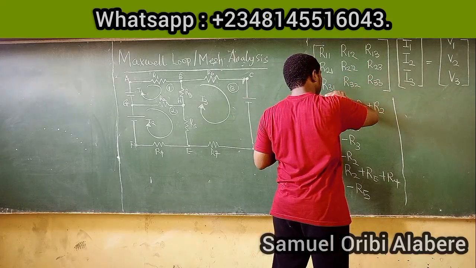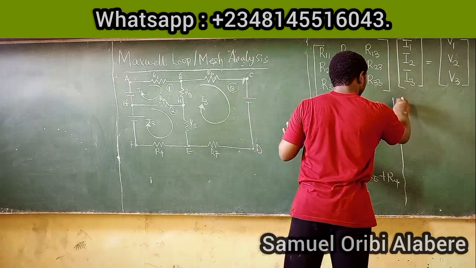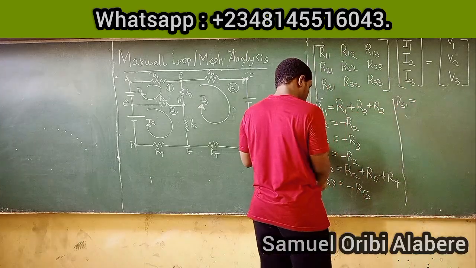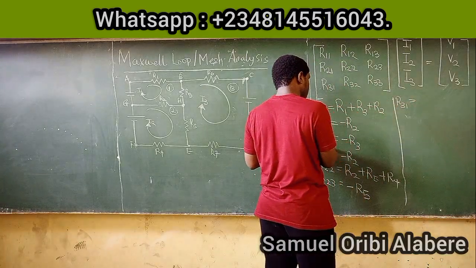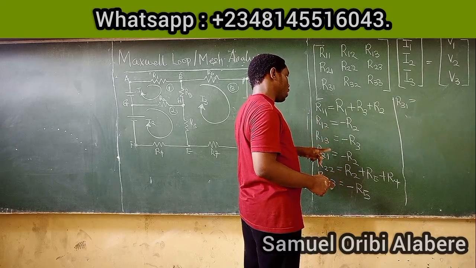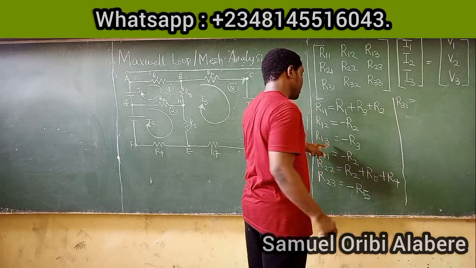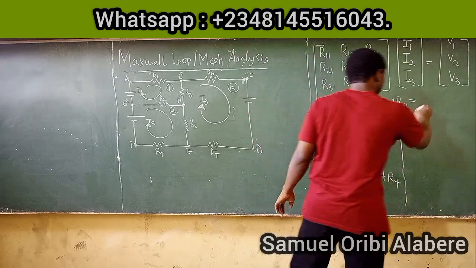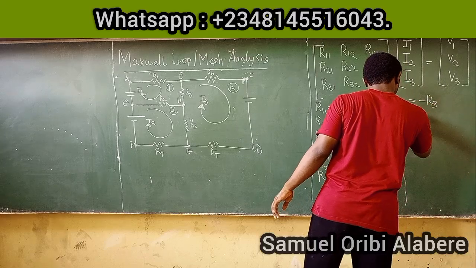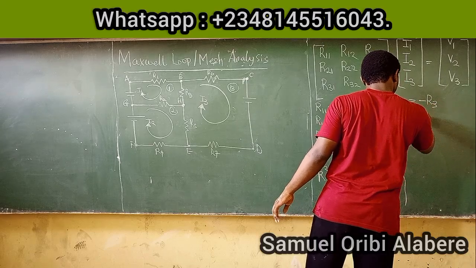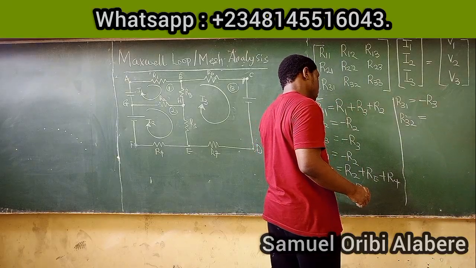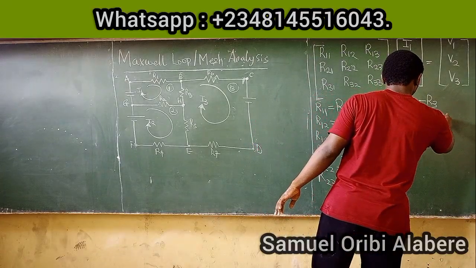Now let's look at the third row, which is R31, which will be equal to negative R3. As I said earlier, R21 is the same thing as R12. So R31 will be the same thing as R13. So this will be equal to negative R3. So R32 will be equal to the same value as R23, which is negative R5.